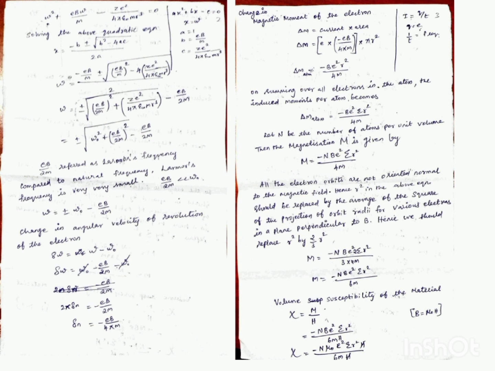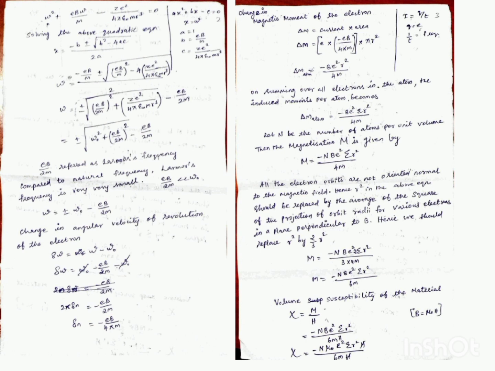So the change in angular velocity of revolution of the electron is the difference of the angular velocity with the applied field and without the applied field. So the answer is minus eB upon 4 pi m.